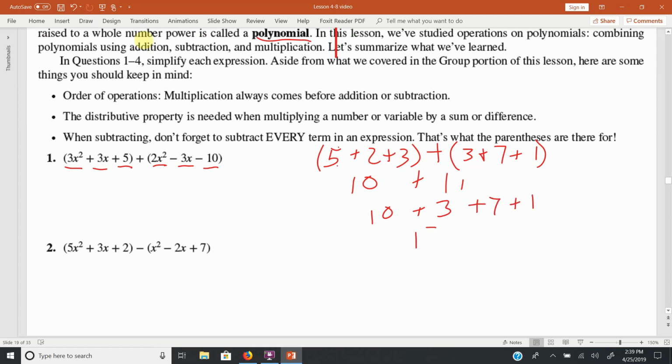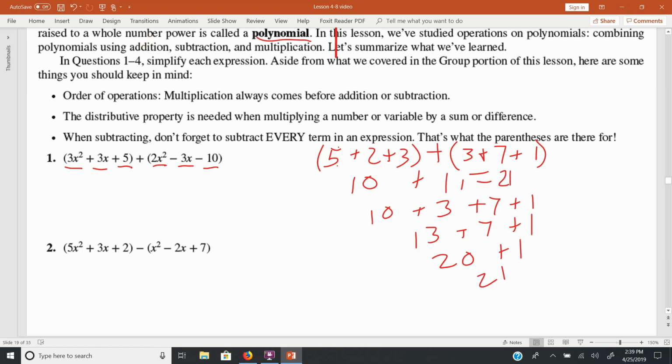We can do the 10 plus 3 to get 13 plus 7 plus 1, and then 13 plus 7 gives us 20, and 20 plus 1 actually gives us 21, which is the same thing as 10 plus 11.